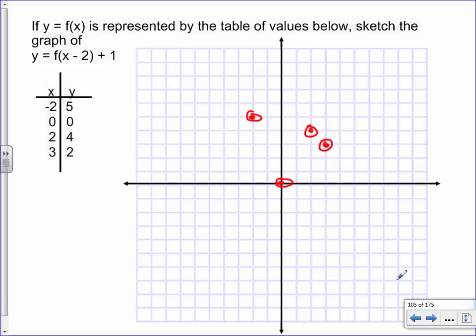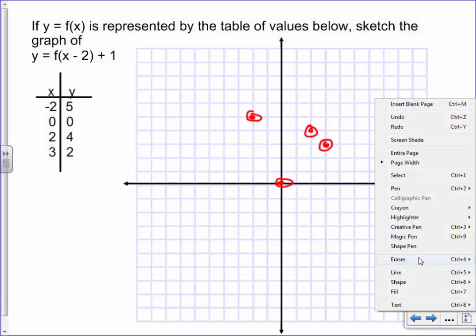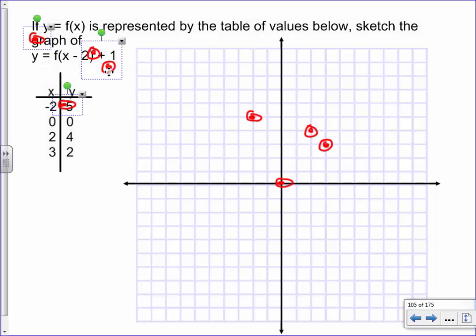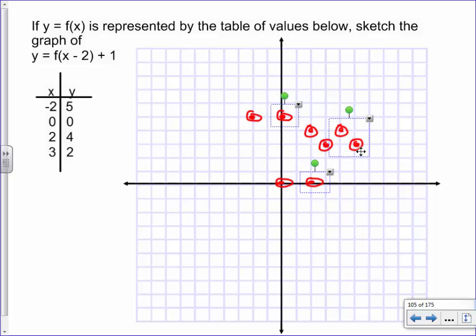What I'd like to do now is take all of those points and move them. So I'm going to cheat because I can. I'm going to select them and copy them. Copy, paste. What does this notation mean to do? What does the -2 mean? Okay, so there.